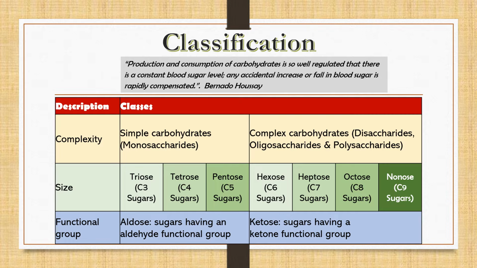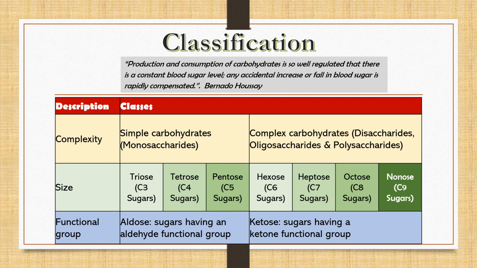Carbohydrates can be classified based on complexity, size, or functional group. According to complexity, carbohydrates can be classified into three main groups: the monosaccharides, oligosaccharides, and polysaccharides.